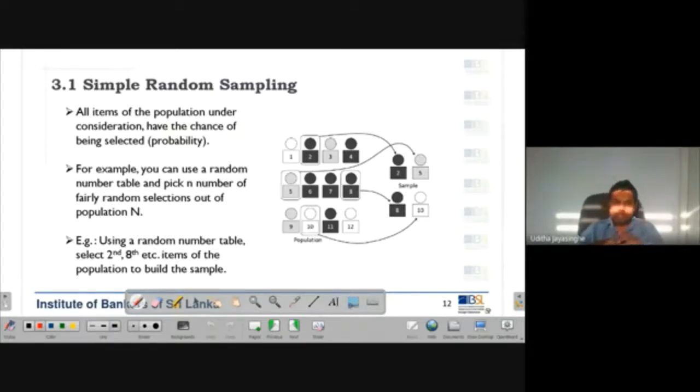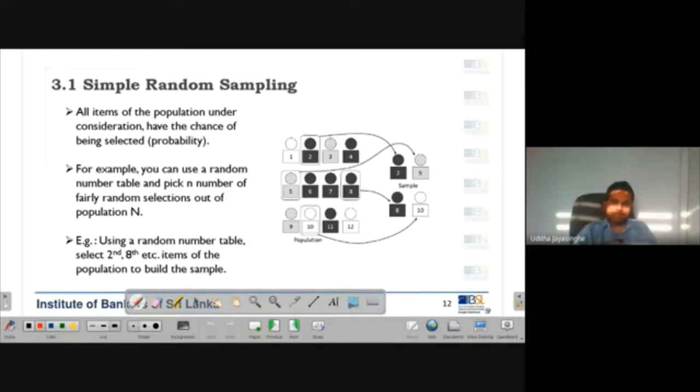All items in the population under consideration will have the chance of being selected based on probability. For example, you can use a random number table and pick n number of fairly random selections out of the population capital N.